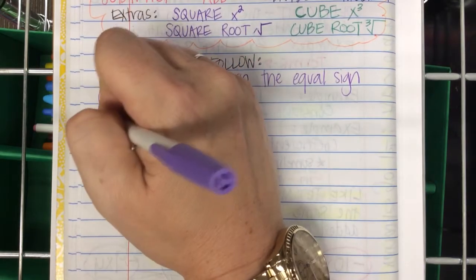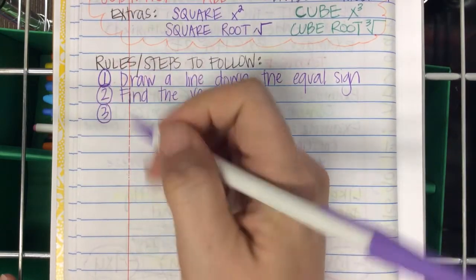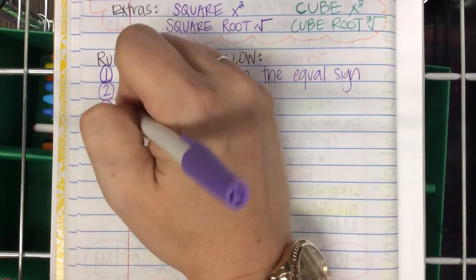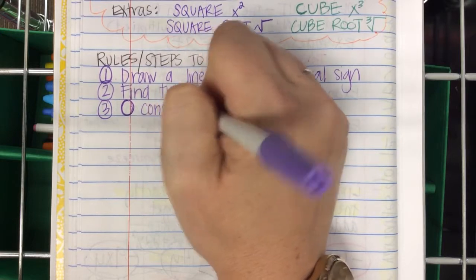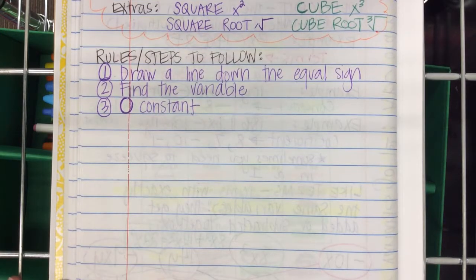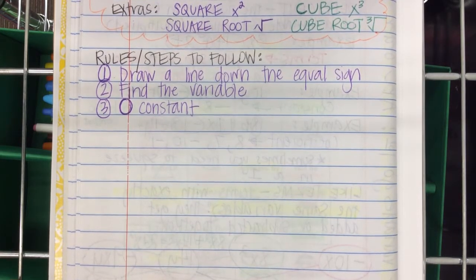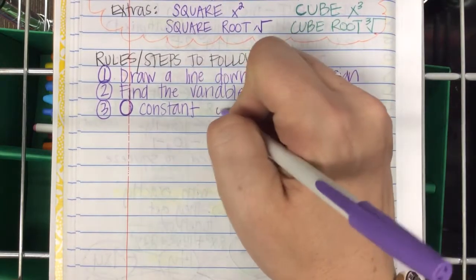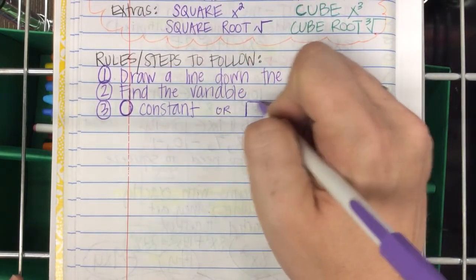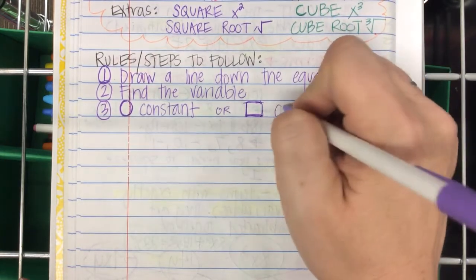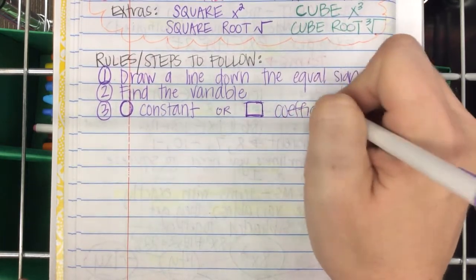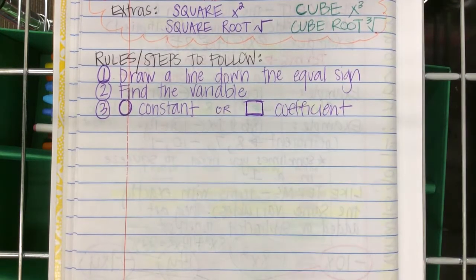Step 3. Circle the constant or draw a square, a box, the coefficient. And you know what?